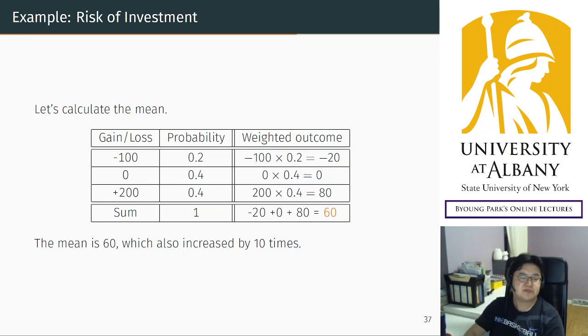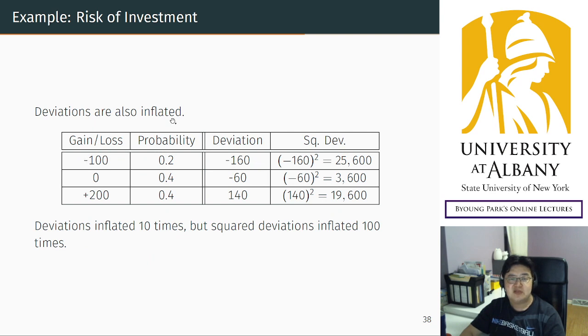So here, multiplication of 10 is preserved in the mean. So it's 10 times larger than the original mean. And now, because you have the mean, you can calculate the deviations. When you lose $100, it is $160 below your expectation.